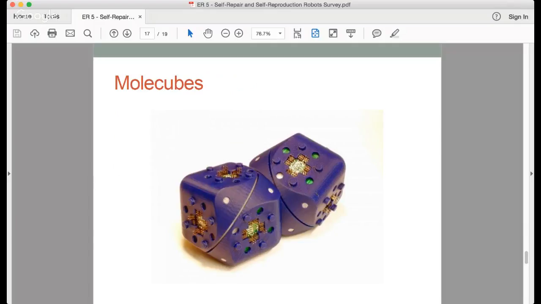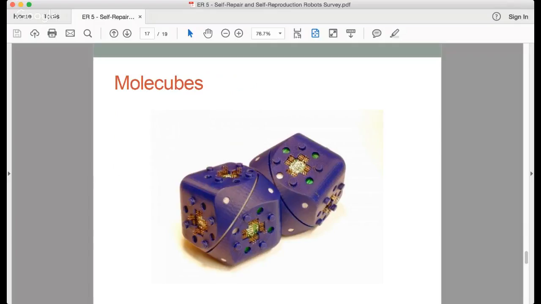So one of the biggest applications of self-reproducing robots is Molecubes. Molecubes was introduced by Zykov and other researchers in 2007, which is an autonomous, self-reproducible robot that is composed of cubical building blocks.